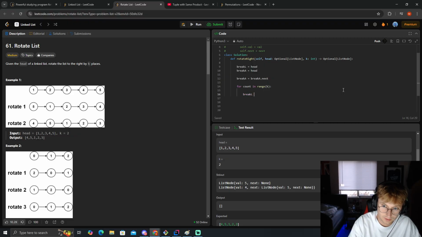Break L is equal to break L dot next. Break A is equal to break A dot next.